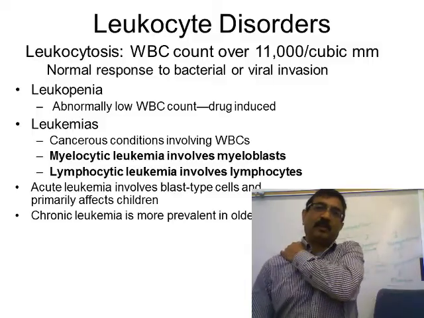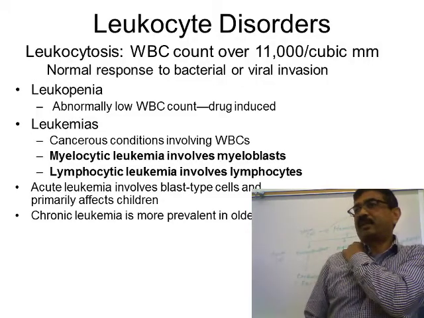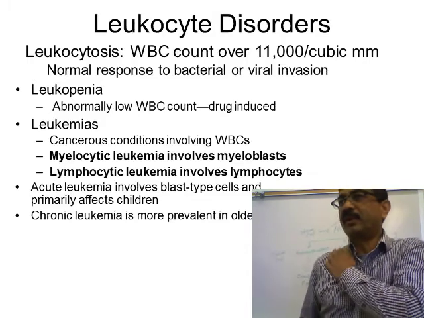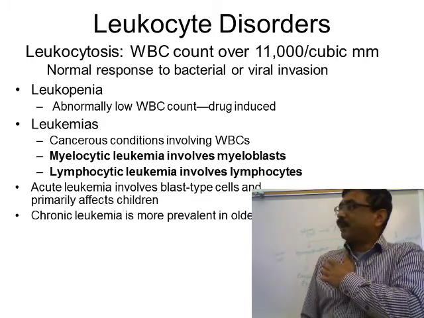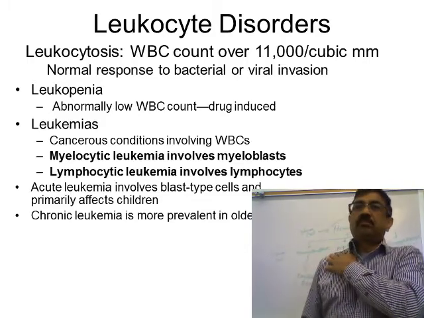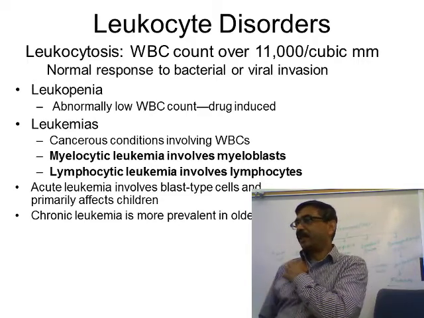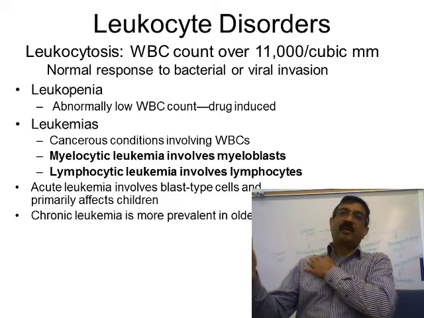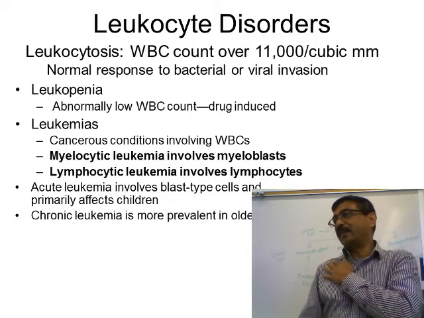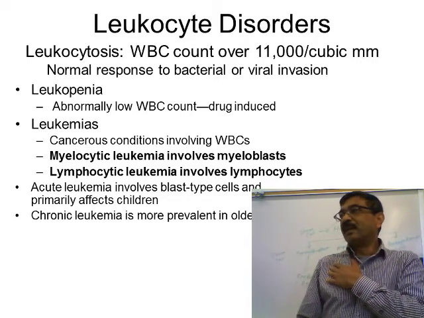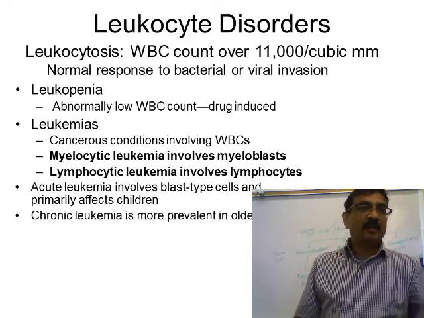Even slight increase of white blood cell number is termed as leukocytosis. And it happens if someone gets infection. Any kind of infection can increase the number of white blood cells. Any kind of infection, right?